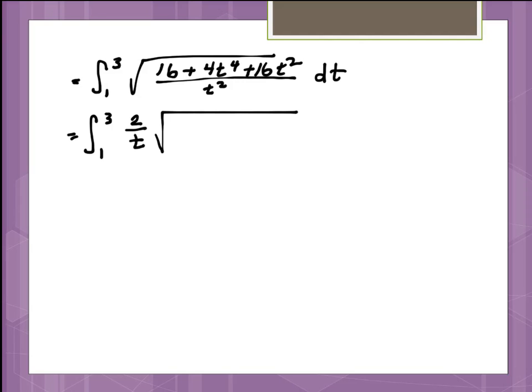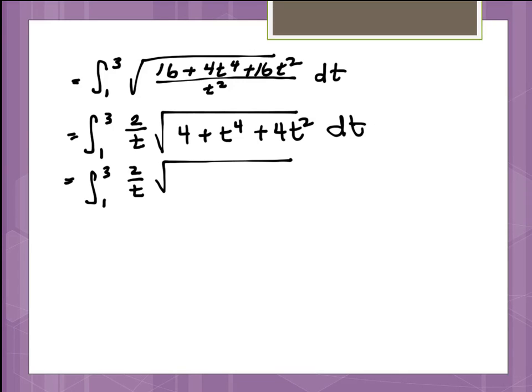What have I left with underneath the radical then? 4 plus t to the fourth plus 4t squared. So this is t to the fourth plus 4t squared plus 4.